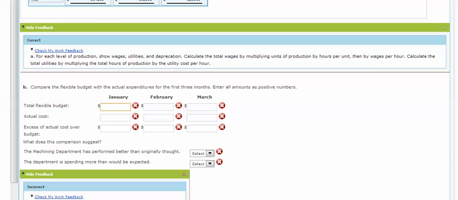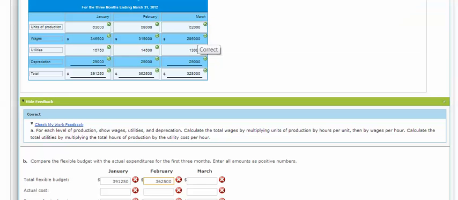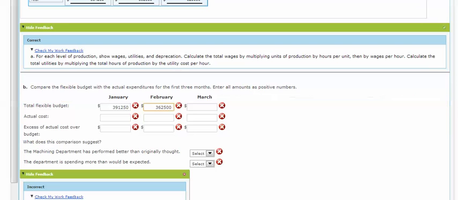So the flexible budget for January would be $391,250. For February, I'm going to take the $362,500. And for March, I'm going to take the $328,000.